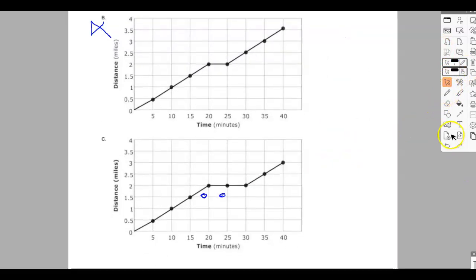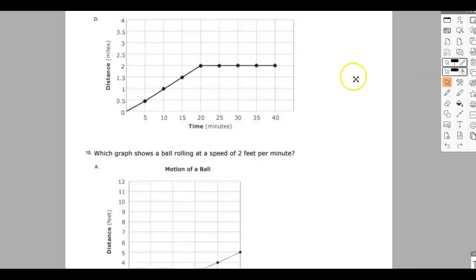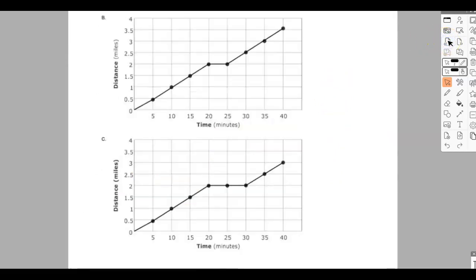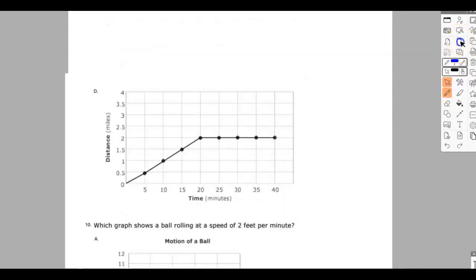This person, or this graph at least, I think, is they run for 20 minutes, but then they take a 5-10 minute break. And then this one is they run for 20 minutes and take a 5, 10, 15, 20 minute break. So again, all I'm looking for is the run 20, take a 5-minute break. I'm going to circle B as my answer, and I'm going to move on.